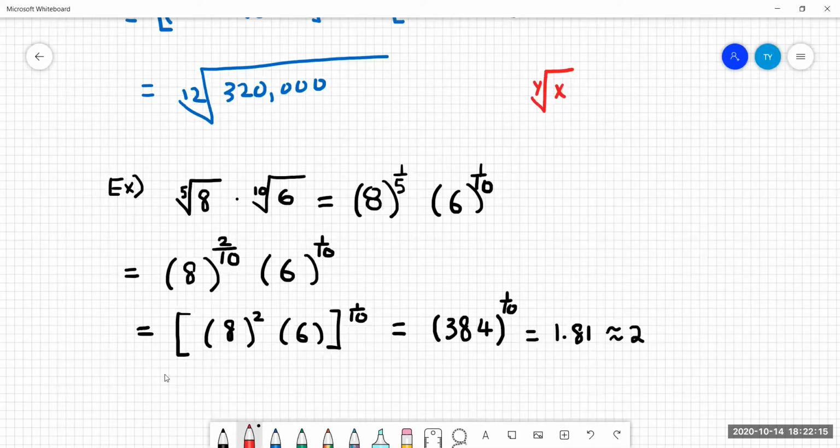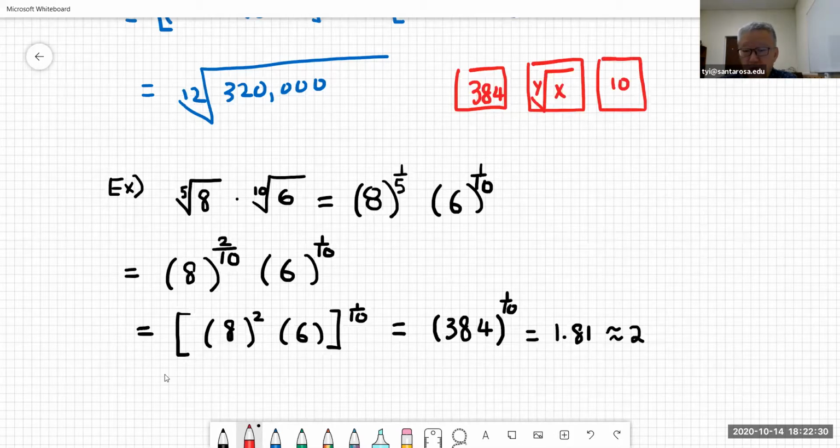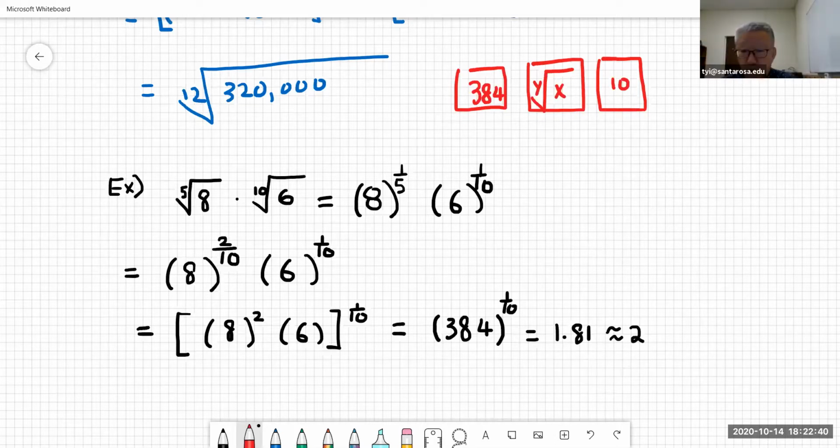And so in other words, that's 384. Then push this, then push 10. And you probably get like 1.81. It's close to 2. Yes? I got 6.97 when I did that. 6.97. That's kind of weird.